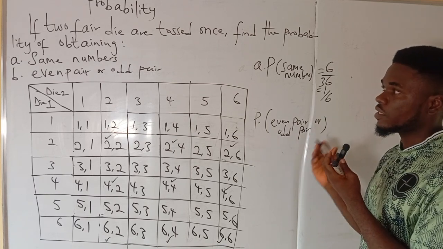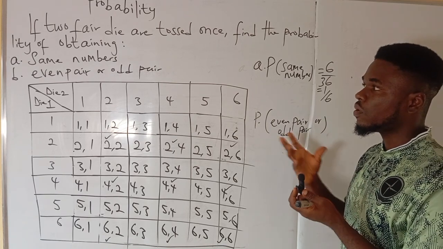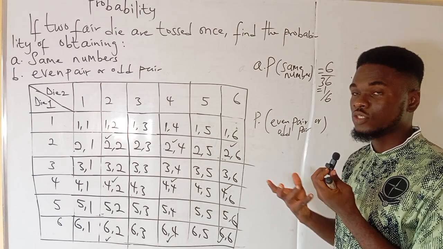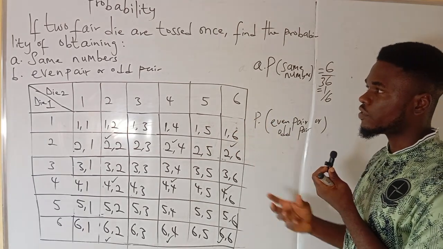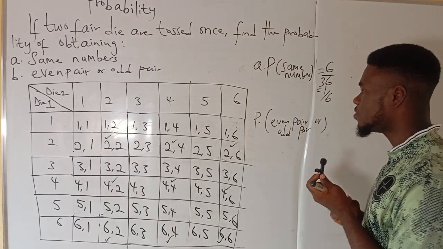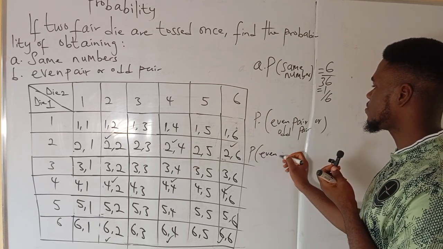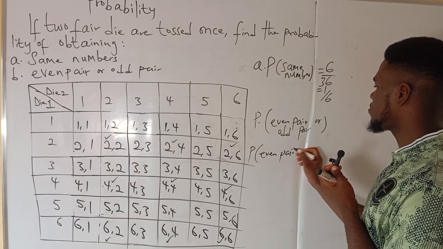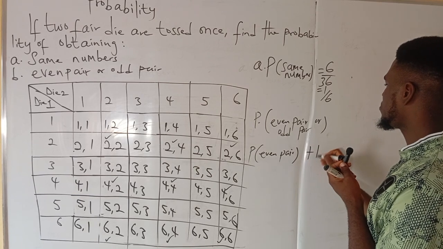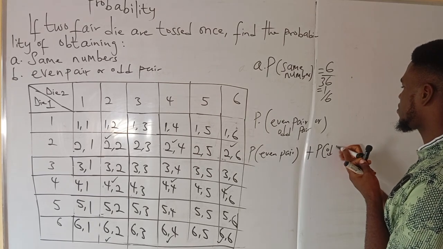We need to get the one for the even pair. Remember that when you see or in probabilities, it is talking about the addition law. So we're going to have the one for the even pair, then we add it to the one for the odd pair. So P of even pair plus probability of odd pair.